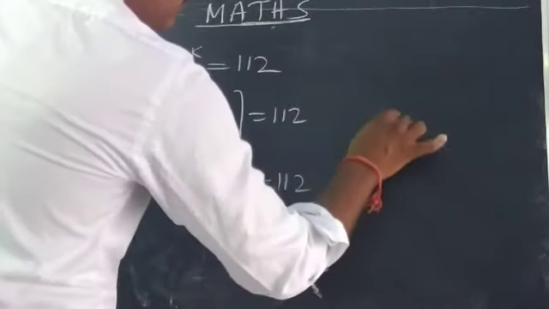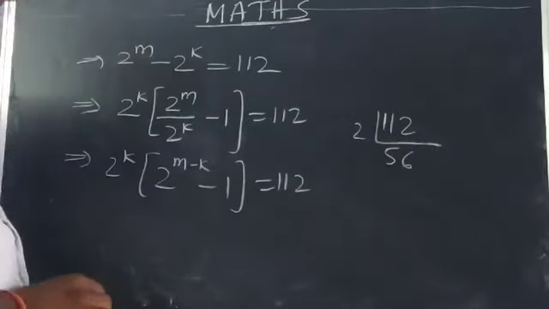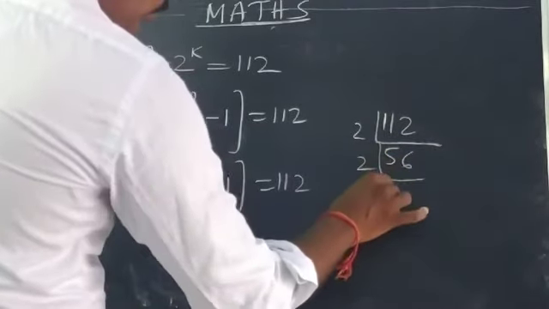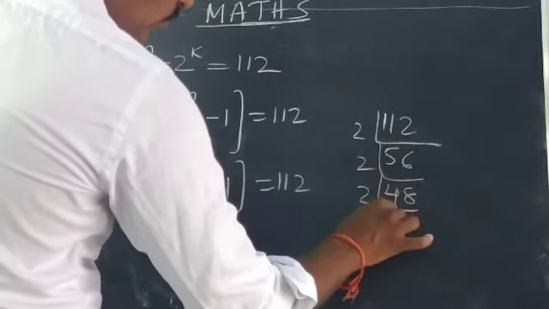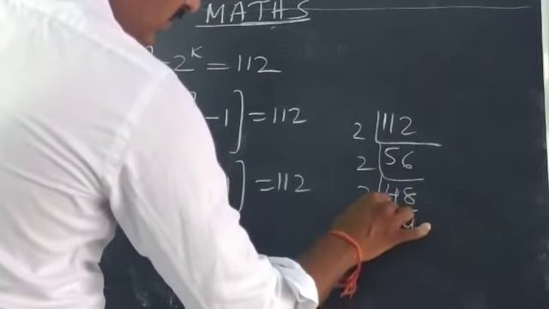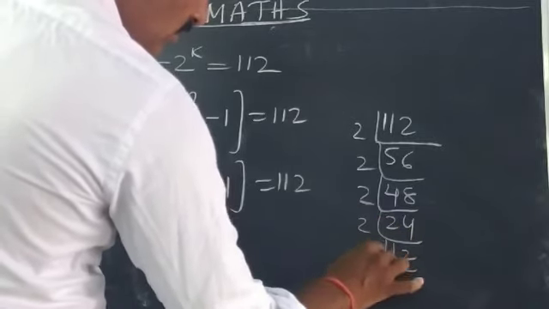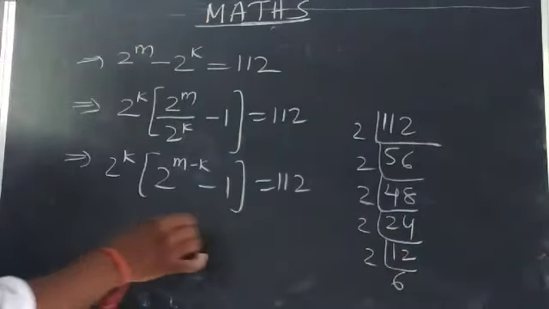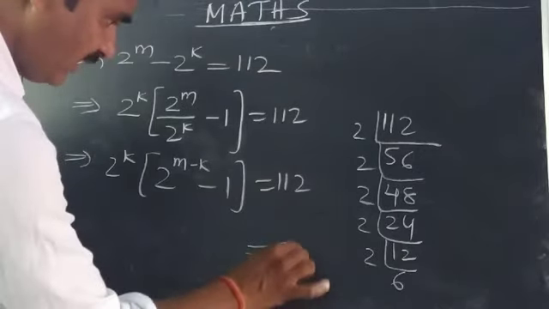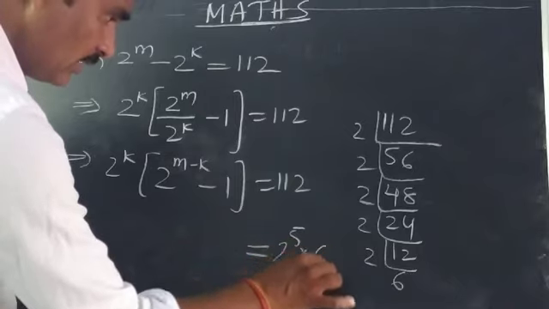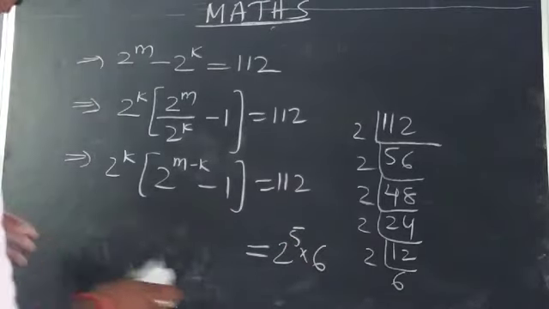Let me take LCM. 112: 2 fives are 10, 2 sixes are 12. How many 2s are there? 2 power 5 into 6.